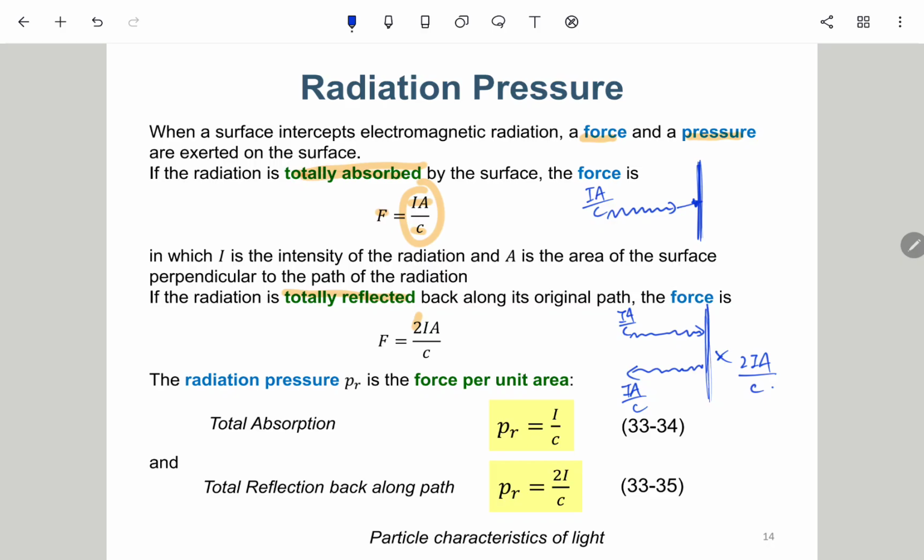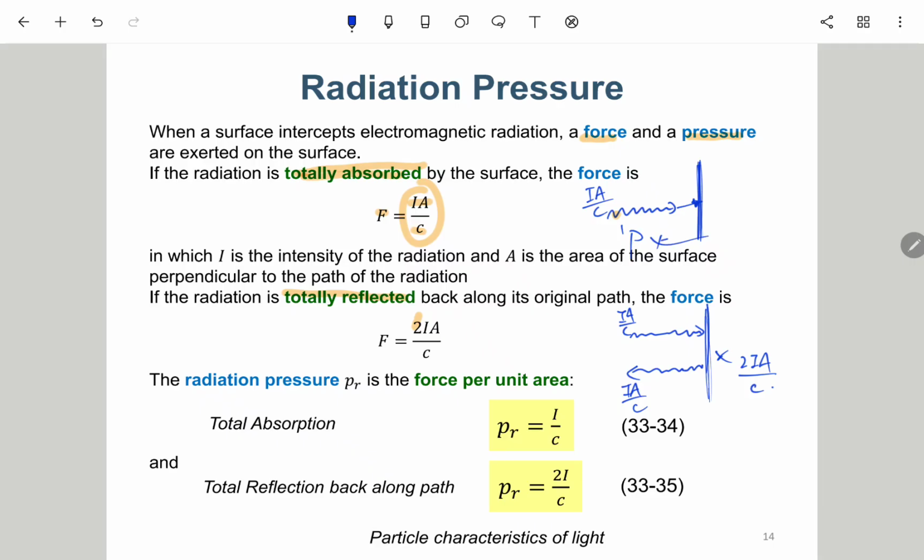Of course, this is a force, so this is not that accurate. You can consider that the photon has a momentum. Momentum is P, of course not this pressure. This is pressure.